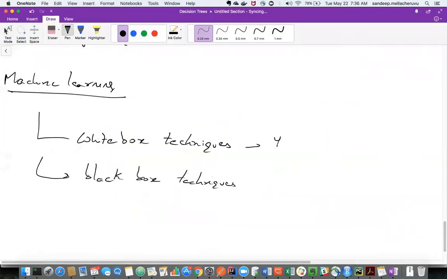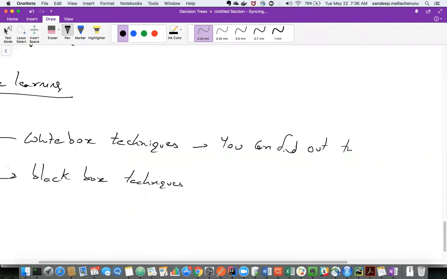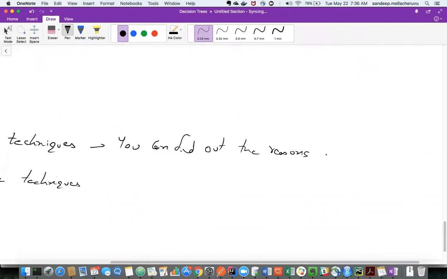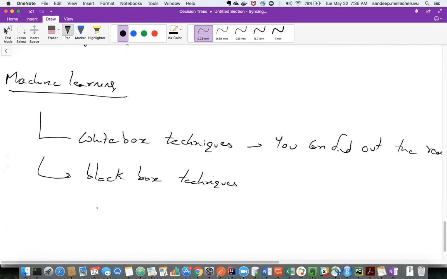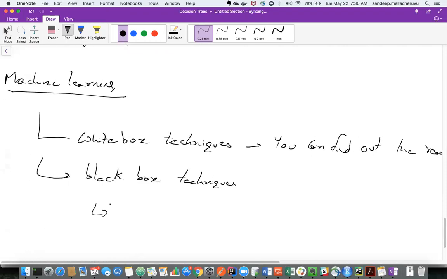Simply, you can find out the reasons for the decision. When it is a black box model, you do not have this luxury.